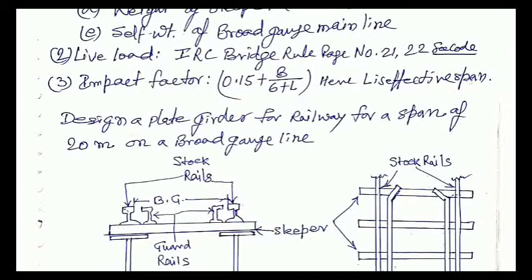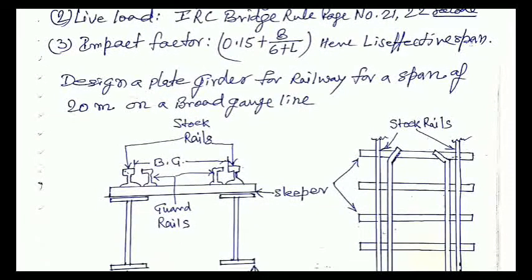As you can see, this is the formula for finding the impact factor: 0.15 plus 8 divided by 6 plus L. By this we can factor our bending moment and shear force, which is acting for live load.